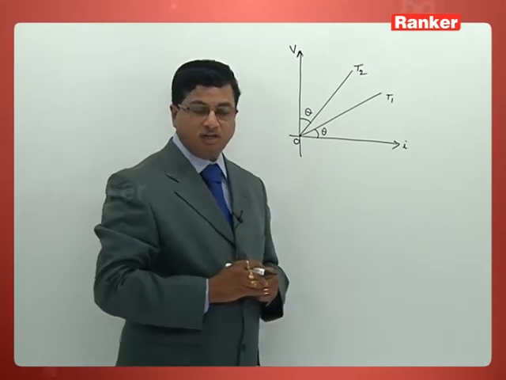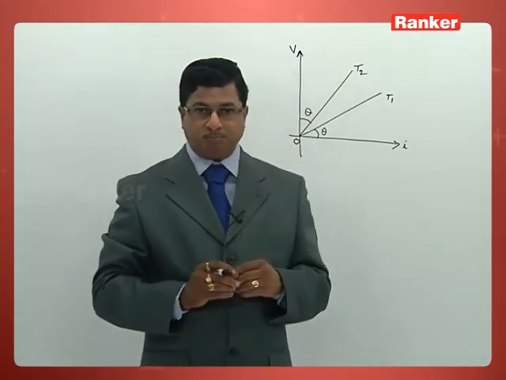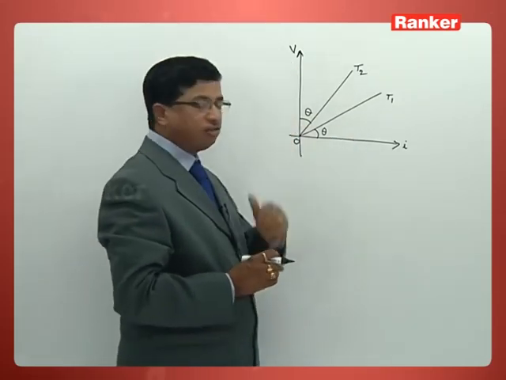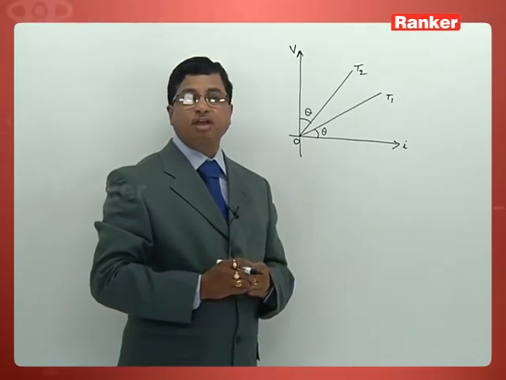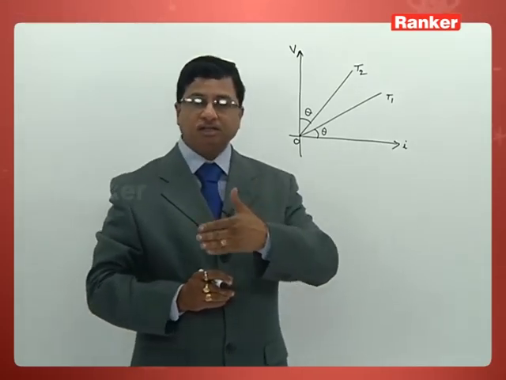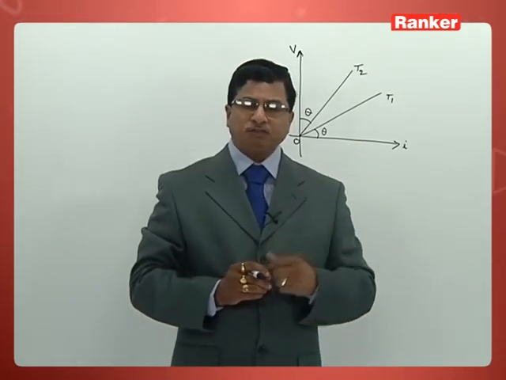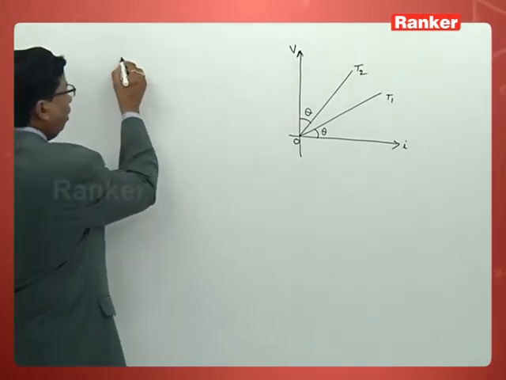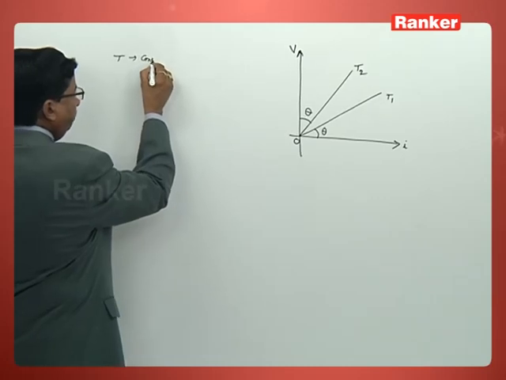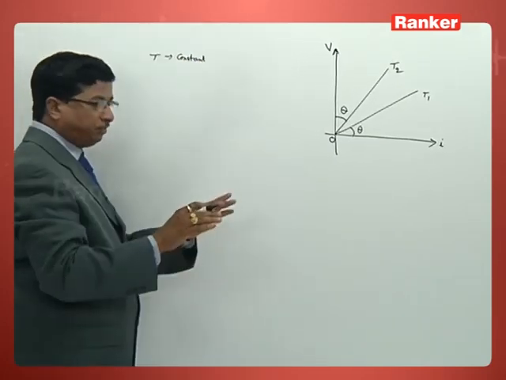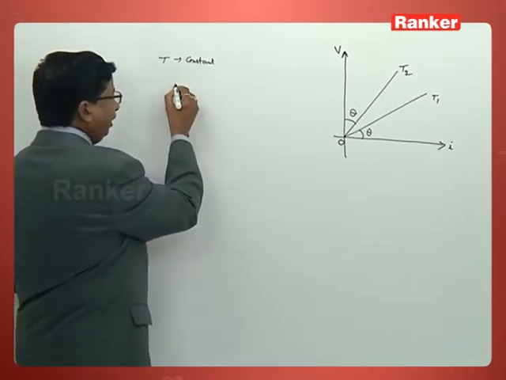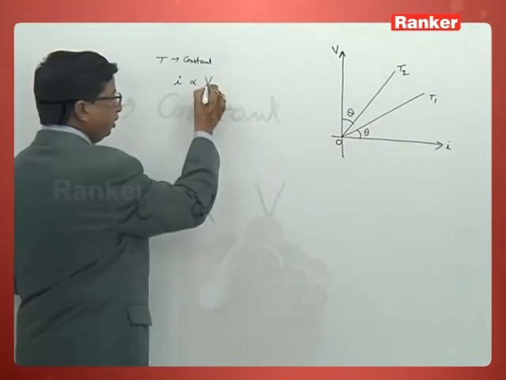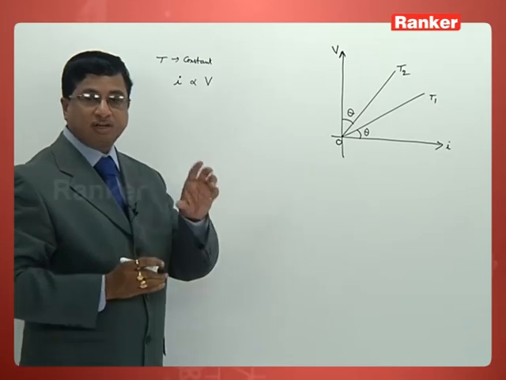Now all of you should understand that when we deal with Ohm's law, only then will we be able to understand the relationship between potential difference across a conductor and the current passing through the conductor. At a constant temperature, when we keep the temperature of the system constant, the current across the conductor is directly proportional to the potential difference across the terminals of the conductor.